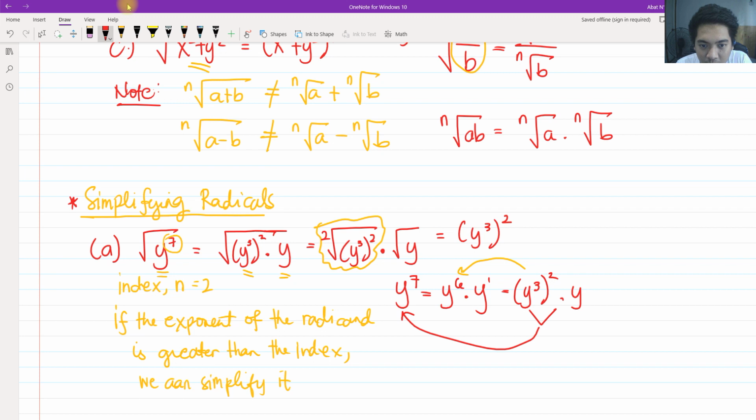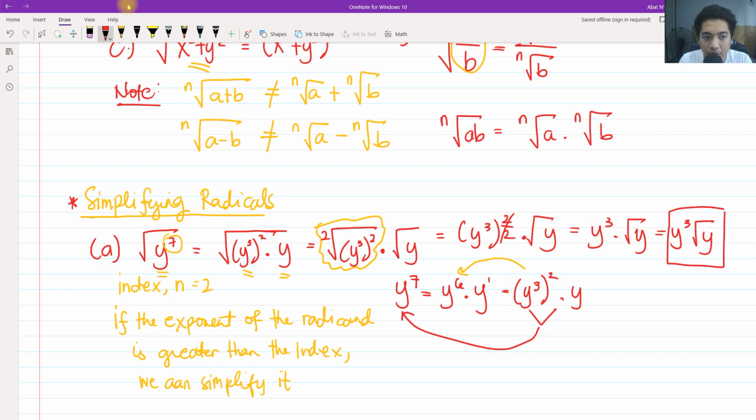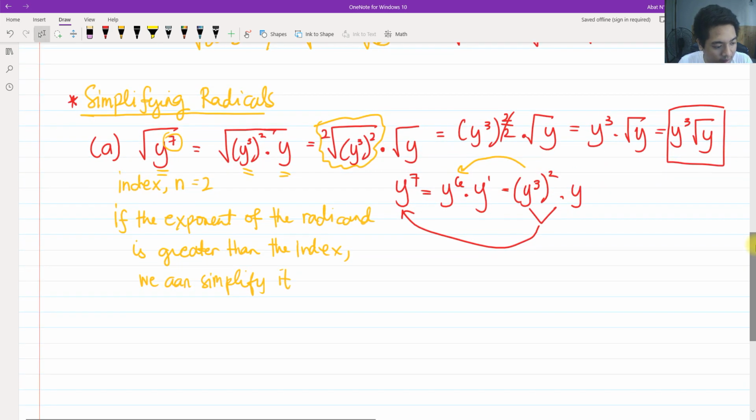Since my exponent is 2 and my index is 2, that would be 2 all over 2, which is 1. Then multiplied by the square root of y. So, y cubed multiplied by the square root of y, or simply y cubed square root of y. And that must be my final answer. So again, we only use the exponential form in order to simplify our radicals.